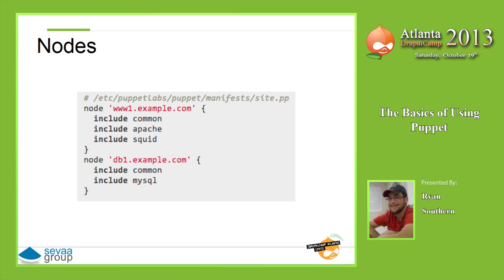The intent of Puppet is to abstract away the actual implementation. There's a sister application called Facter that will survey your nodes and determine the facts about that node.